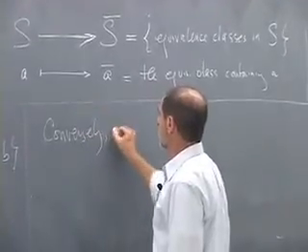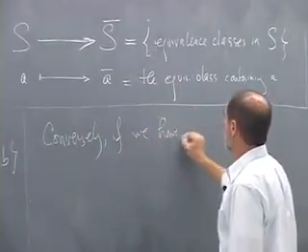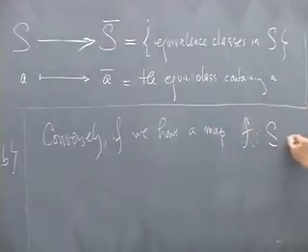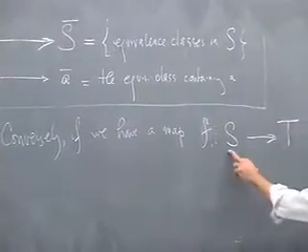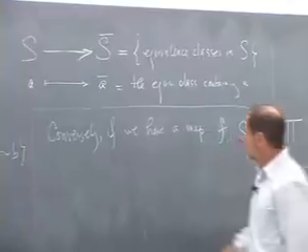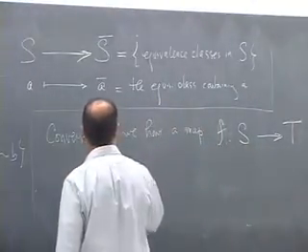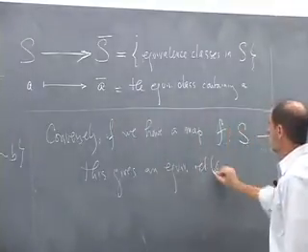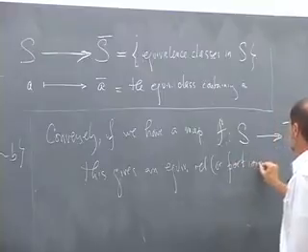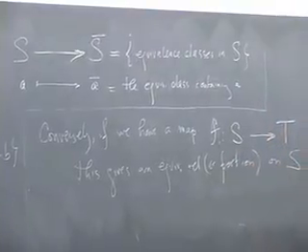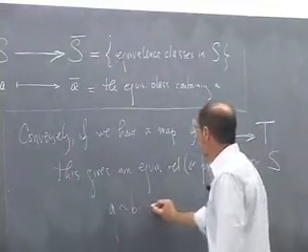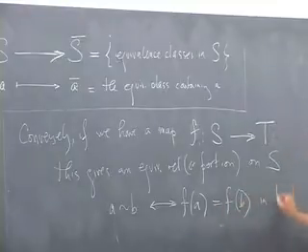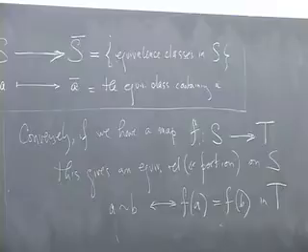Conversely, if we have a map of sets, let's call it f, from a set S to a set T, that just assigns elements in S to an element in T, this gives an equivalence relation or partition on S. Namely, we say A is equivalent to B if and only if f of A is equal to f of B in T, if they have the same image in T.